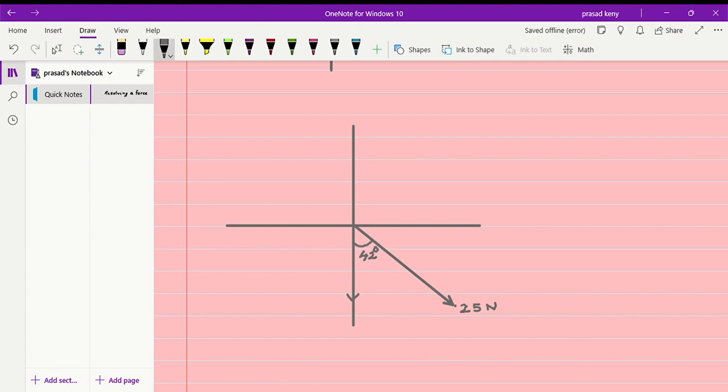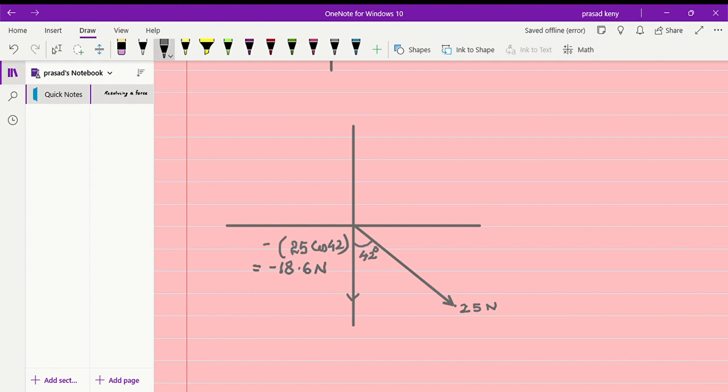So this will be 25 cos 42, but this will have a negative sign because it is along the negative y direction. So it will be negative 18.6 Newton.